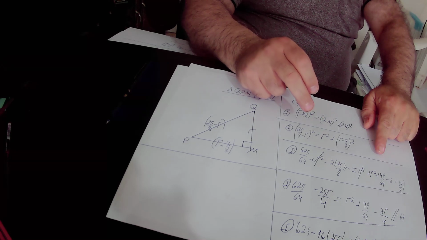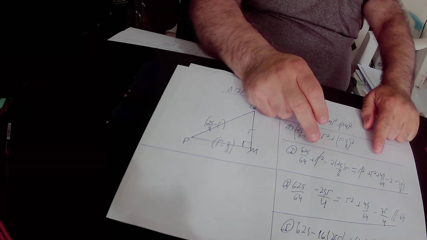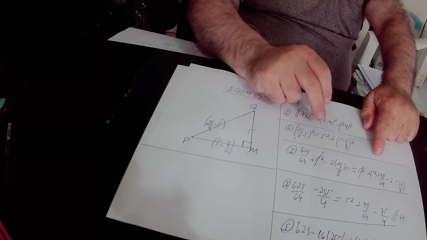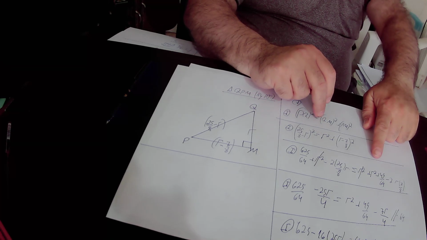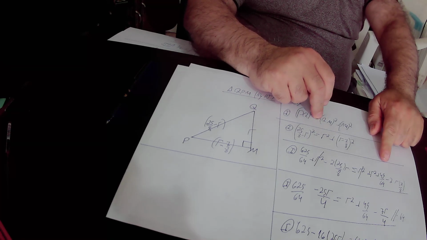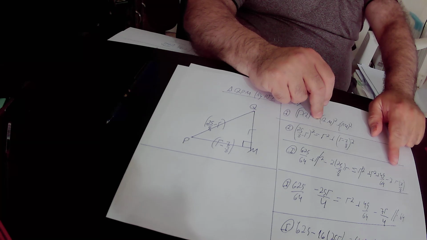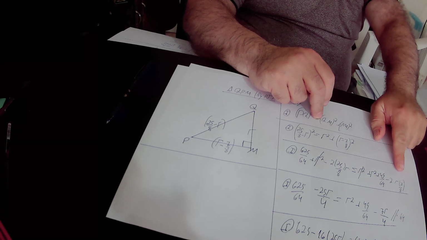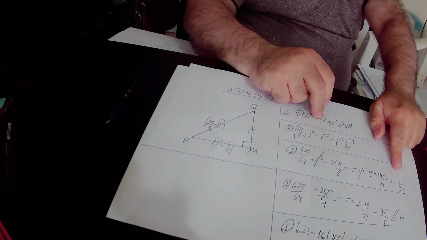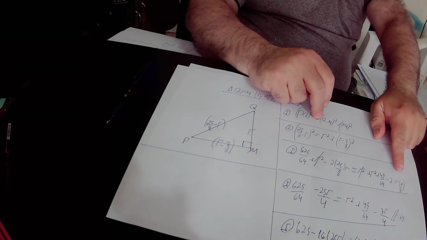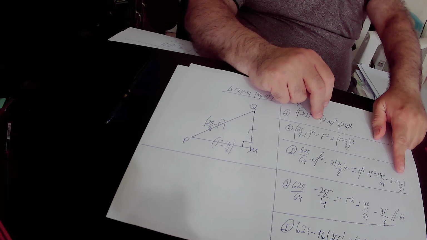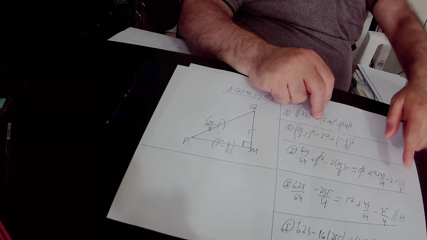So r square will get cancelled because we have r square on both sides of the equation, but we have another r square also, plus 49/64 minus 2 times r times 7/8. Here we divide both the numerator and the denominator of this expression by 2. 2 over 2 is 1, so in the numerator we are left with only minus 7r. In the denominator we have 8 divided by 2, which is equal to 4.